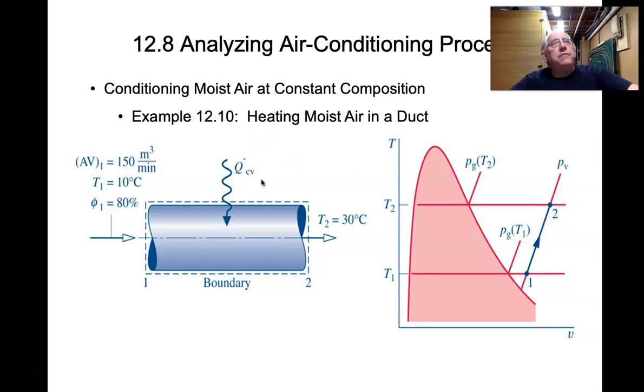The only thing that we have to determine from this information is how much is the mass flow of dry air through the system, which stays constant. That would be the m dot of the dry air. I recommend that you take a look at this particular example problem.